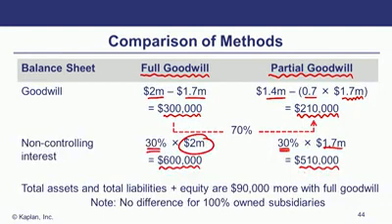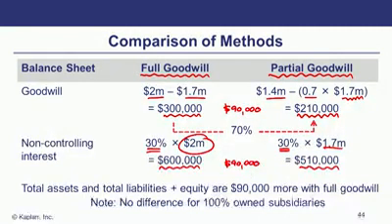So what you actually therefore notice is that under full goodwill, our goodwill figure is $90,000 higher than partial goodwill, and when we look at our minority interest, that too is $90,000 higher than the partial method. In other words, essentially our intangible assets are higher by 90,000 and our stockholders' equity is higher by 90,000 if we use the full goodwill method.